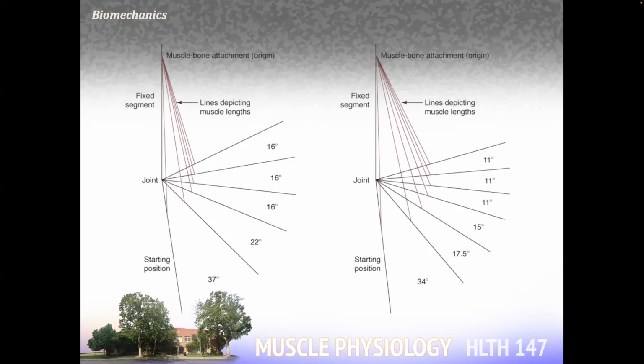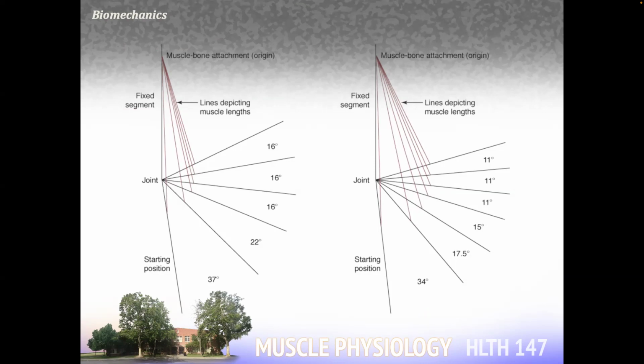In the image to the left, the bicep inserts pretty close to the elbow, pretty close to the fulcrum. On the image to the right, the bicep inserts farther away from the elbow, farther down the radius, farther from the fulcrum.